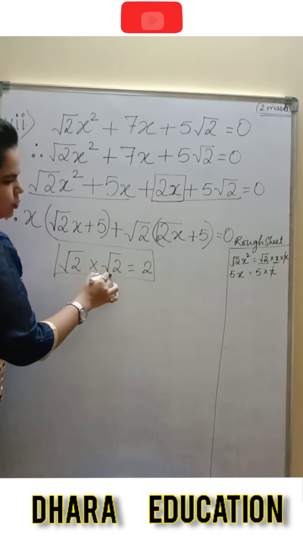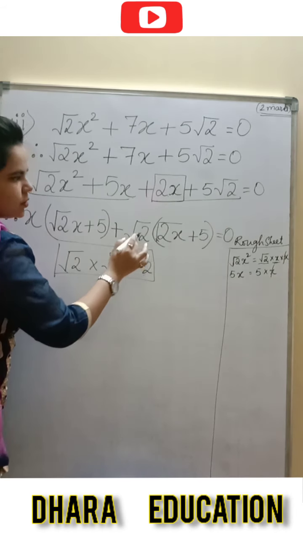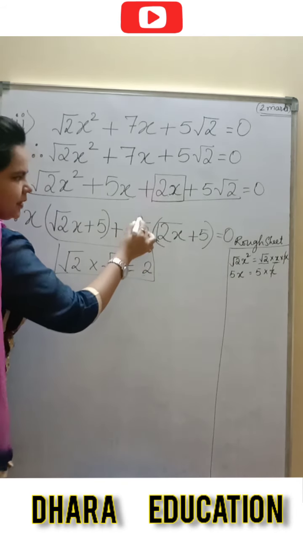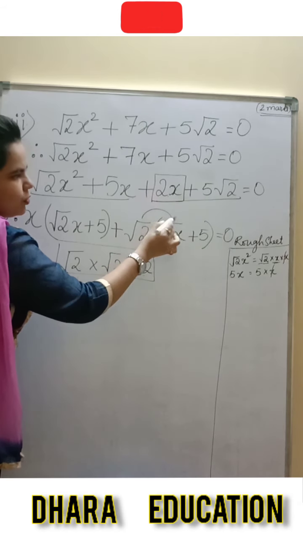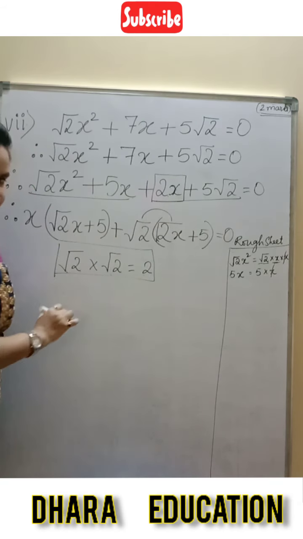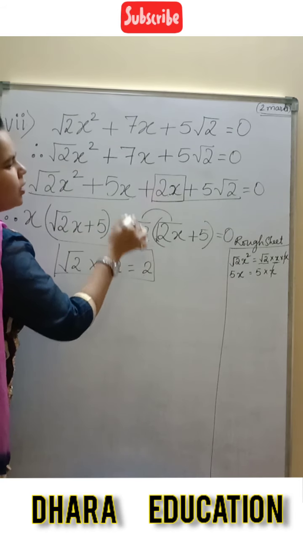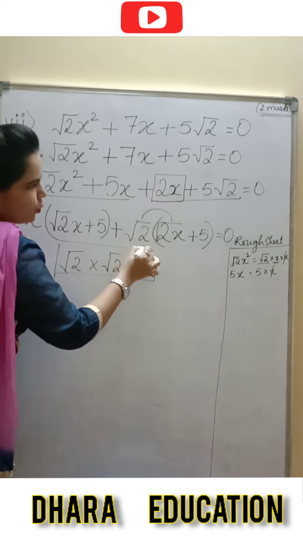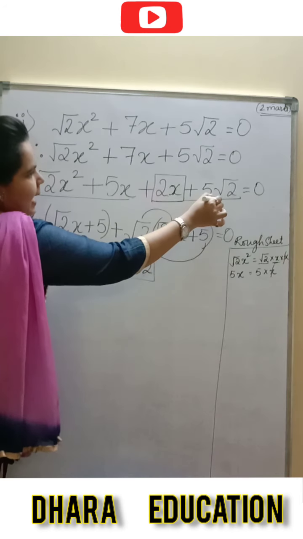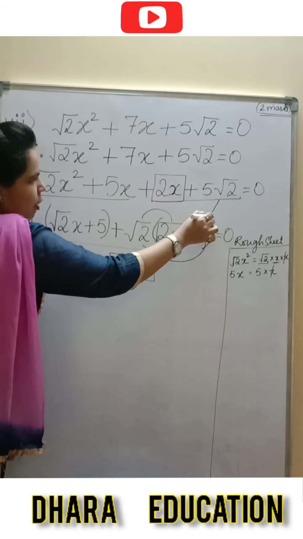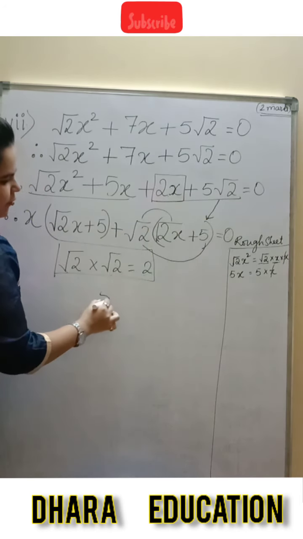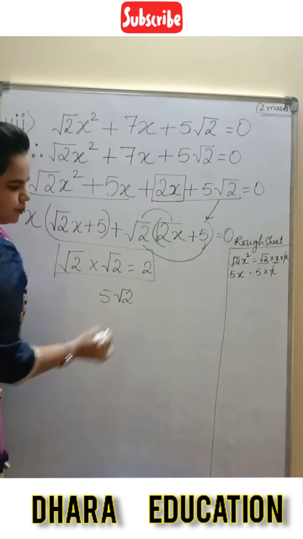Root 2 multiplied by root 2 gives you 2. So here I am doing the same thing. Root 2 multiplied by root 2x gives you 2x. Correct? On the other hand, when I multiply root 2 by 5, I am successful in this case, that is 5 root 2.